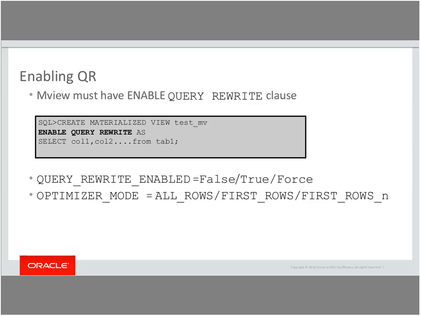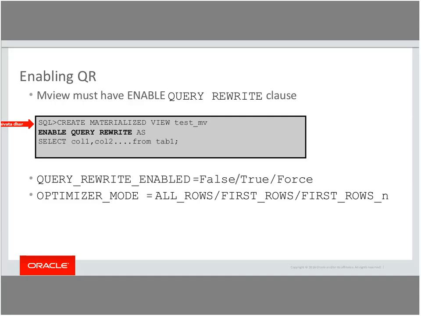Now, in the coded box, we have created a materialized view with the name test_MV. We have specified the enable query rewrite clause in its creation. Since we have used the enable query rewrite clause during creation, this particular materialized view will be eligible for query rewrite.